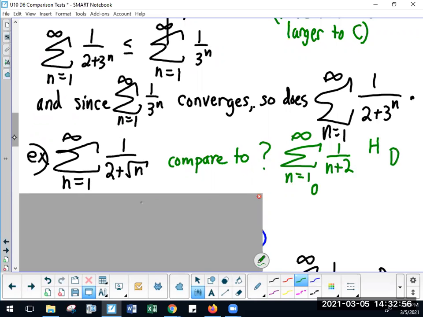Another one that I was thinking could work here is that one. What kind of series is that one? That should also be pretty quick for you by now. If it's not, you need to study up. That is a P series. P is 1/2. That will diverge as well.